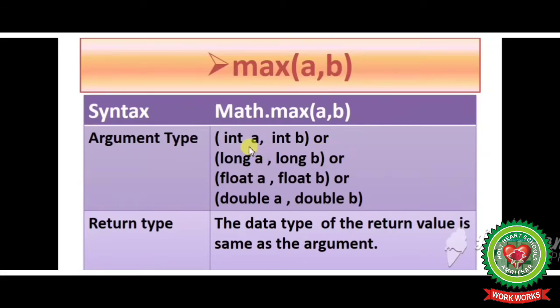Argument type can be int, long, float or double. Now return type. The data type of the return value is the same as the argument. In whatever data type you accept the argument, in the same data type you will get your result.